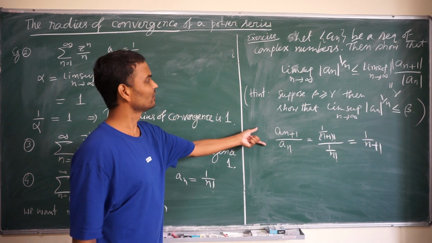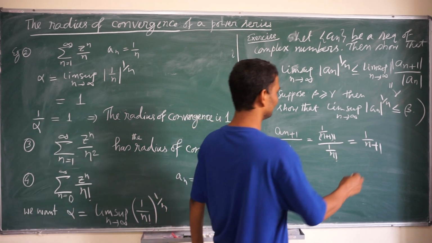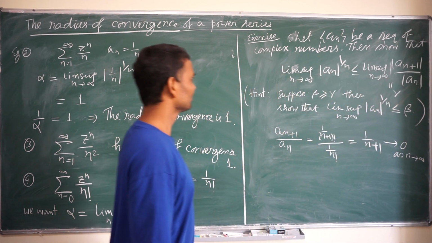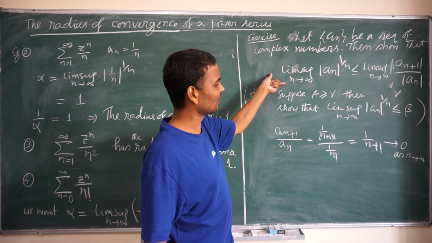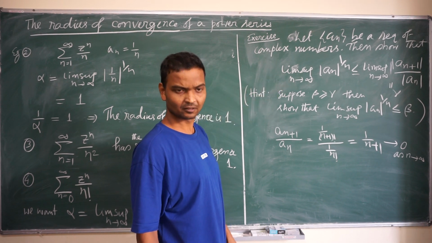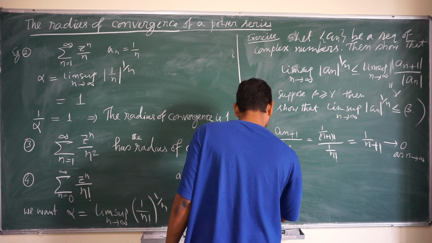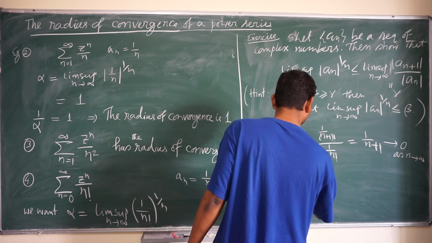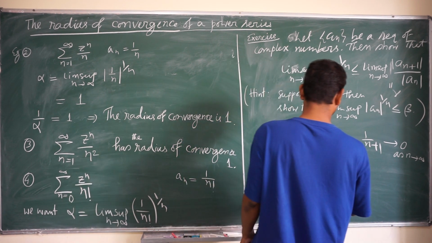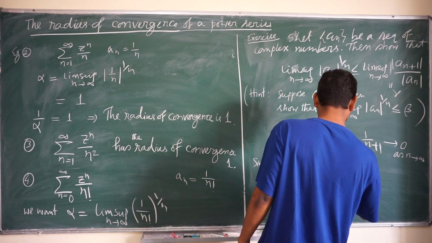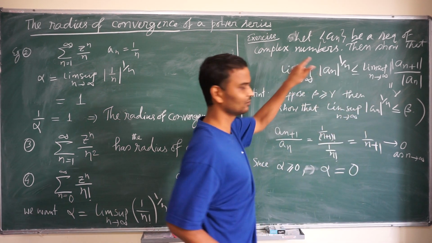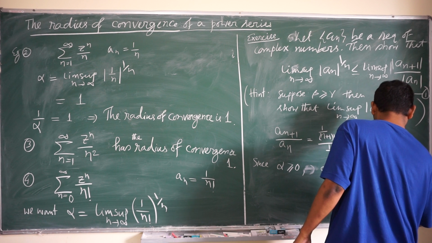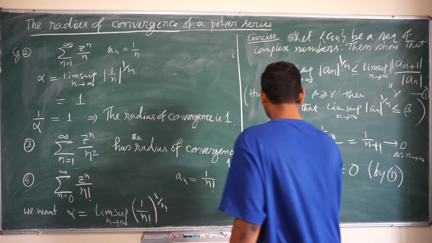The point is you don't need to take lim sup here, as this tends to 0 as n tends to infinity. Since alpha is greater than or equal to 0, this implies alpha is actually equal to 0 by the exercise.